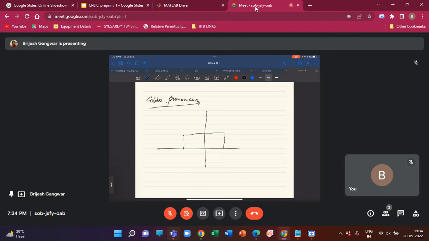The Gibbs phenomenon is that it will have this overshoot like that, and then at the end it will settle like that. This overshoot corresponding to this function is known as the Gibbs phenomenon in the Fourier series. As the number of terms in the Fourier series increases, this overshoot will decrease.